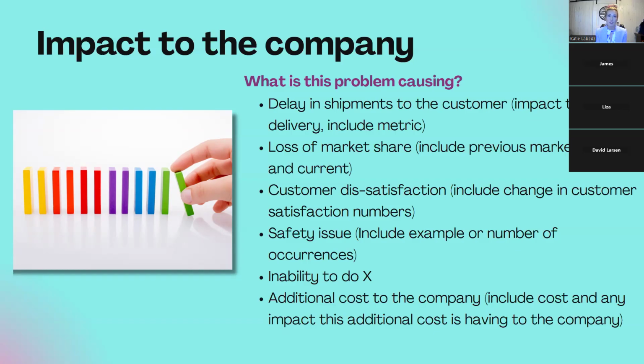Or a safety issue, like I noted in a previous example, then you're going to write down or document the number of occurrences or an example. If you're self-insured, you can get workman's comp numbers. This problem could cause you an inability to do X, meaning something, right? Or additional cost to the company. So you want to include those numbers that this is impacting.